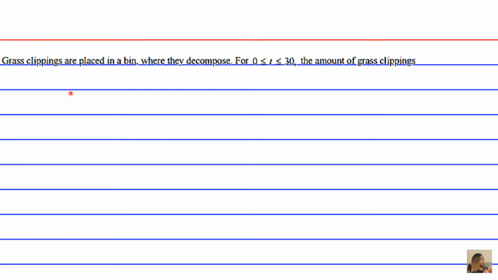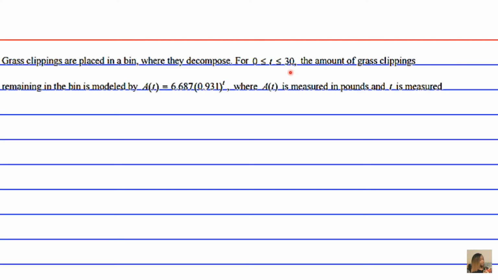Okay, so grass clippings are placed in a bin where they decompose. For t between 0 and 30 days, the amount of grass clippings remaining in the bin is modeled by A of t equals 6.687 times 0.931 raised to the t power, where A of t is measured in pounds and t is measured in days.